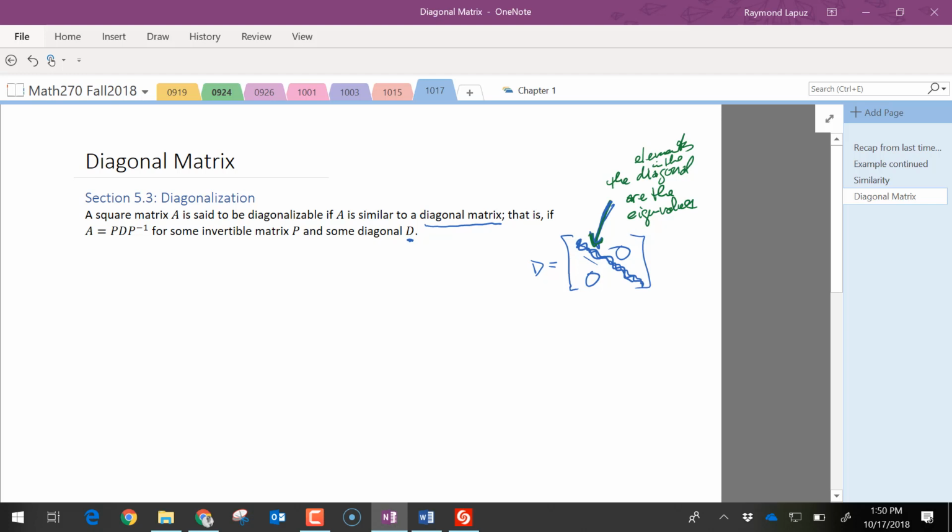You can actually get the eigenvalues just by looking at the diagonal matrix.